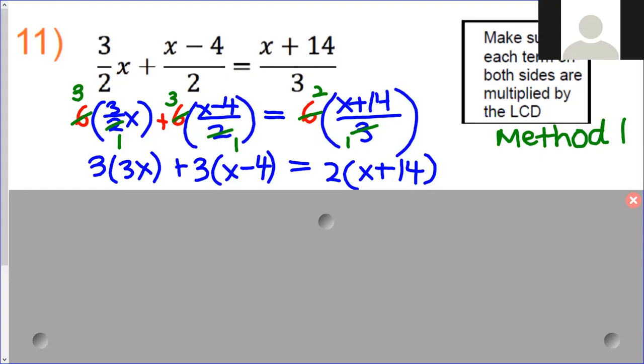Now, this is why we did a distributive property test, because if I don't understand distributive property, I'm not going to understand what to do next after eliminating the fraction.